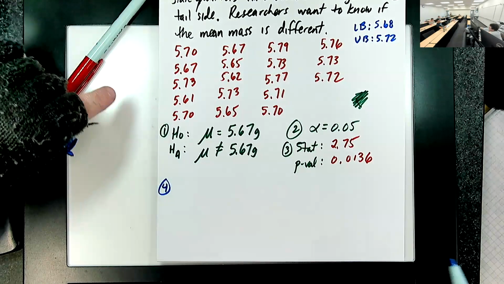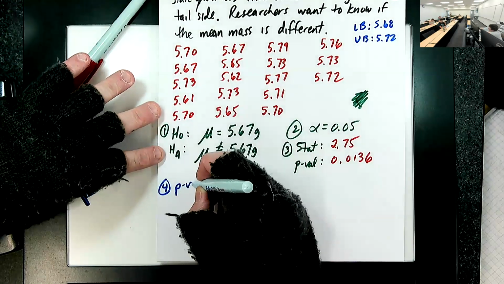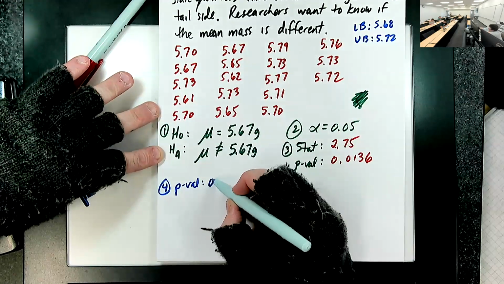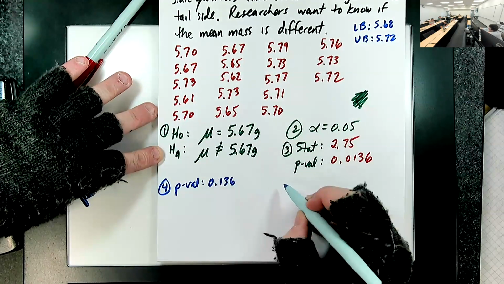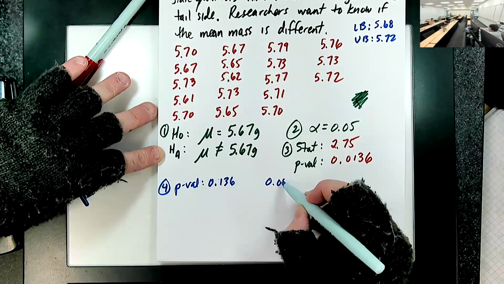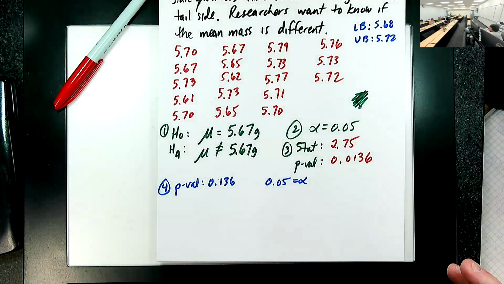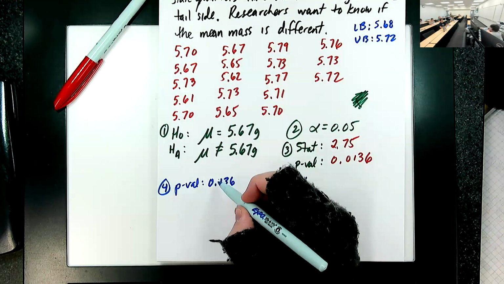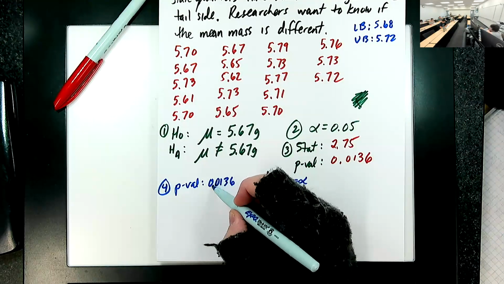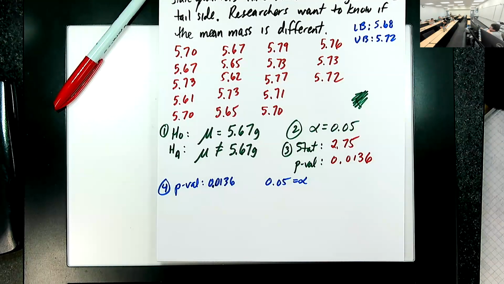Step 4, compare p-value and alpha. P-value is 0.0136 and alpha is 0.05. Is that less than or greater than?